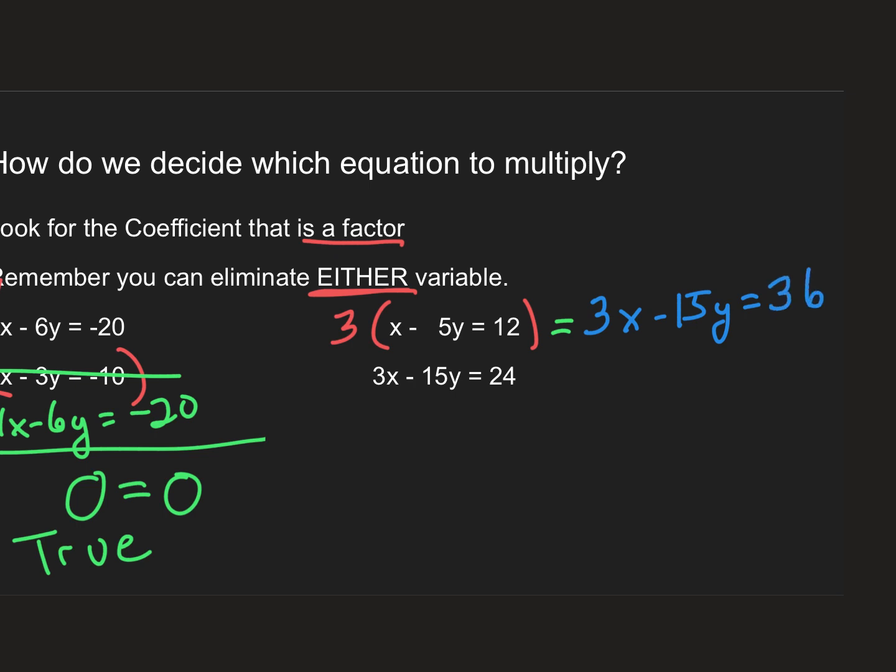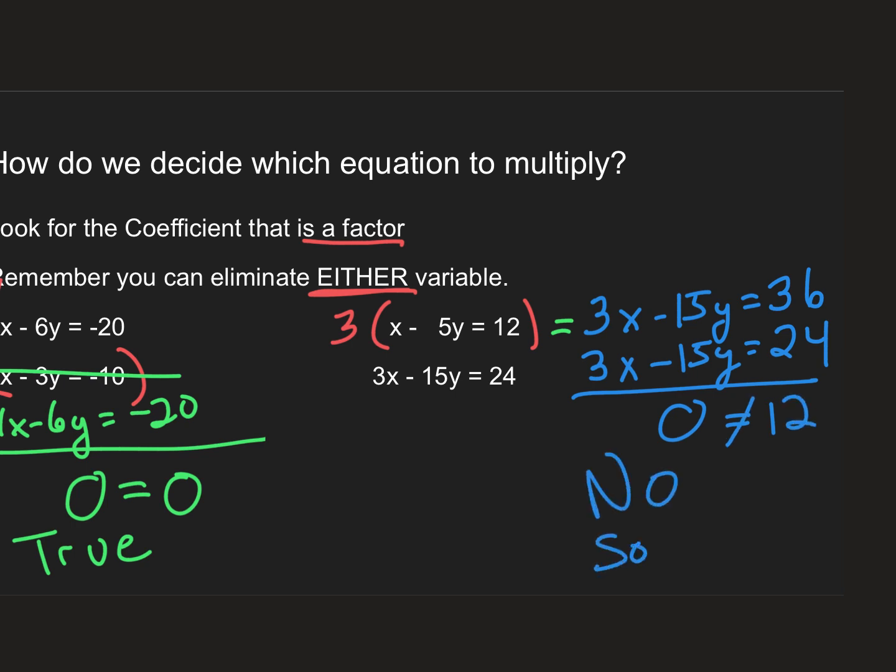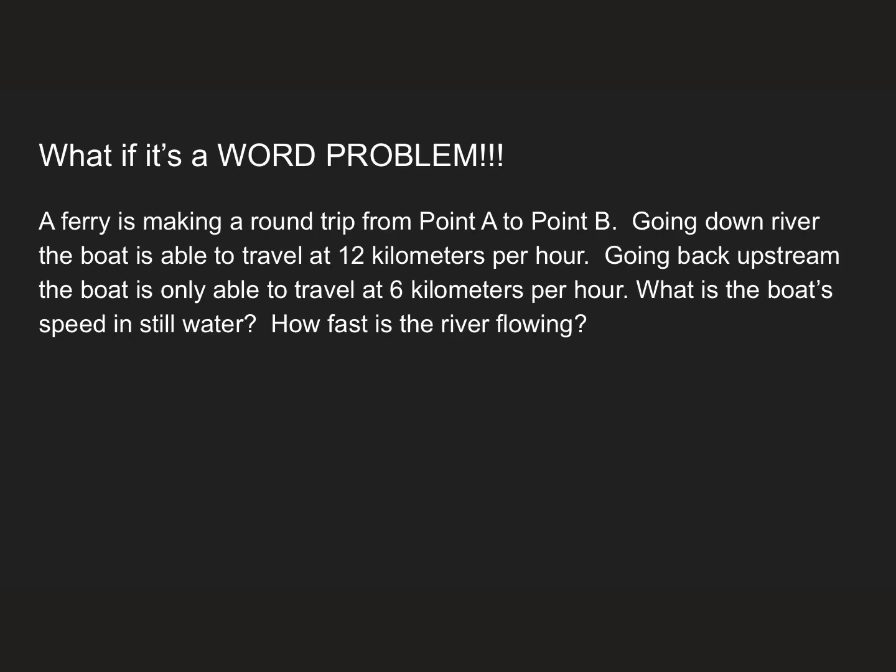And I bring over the other equation, which was 3x minus 15y equals 24. When I subtract these, I'm going to end up with 0 equals 12, which is not true. So this one has no solution. Okay, just like it was when we did our one variable equations.